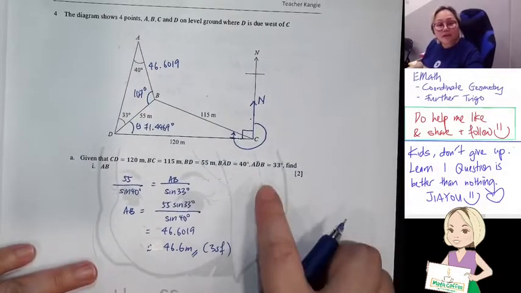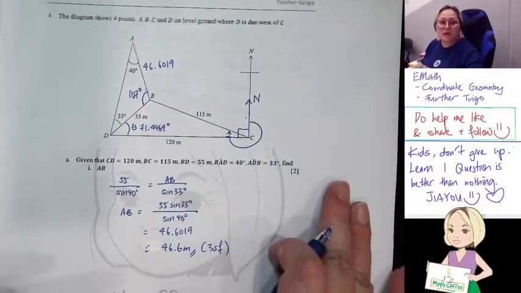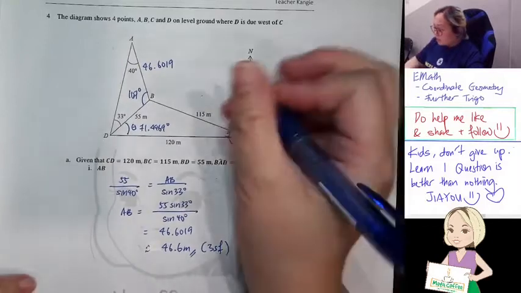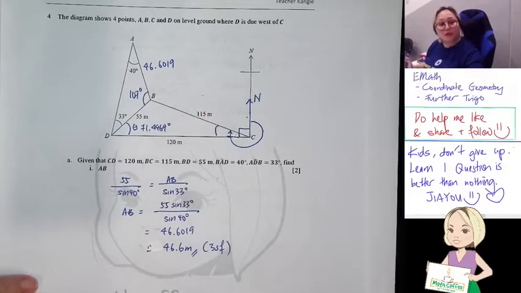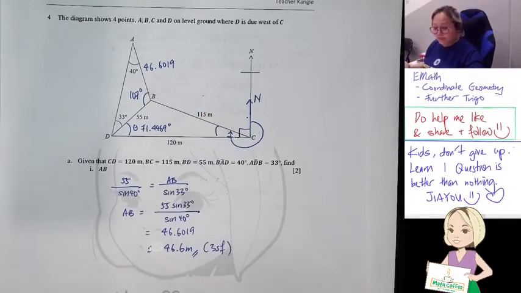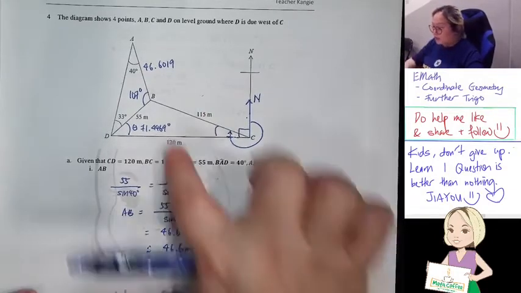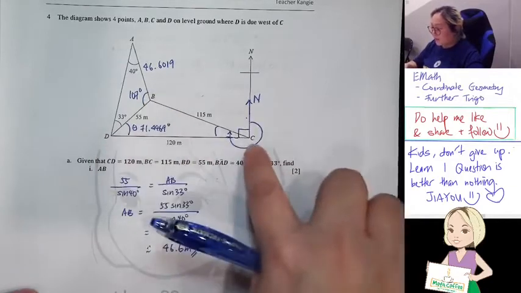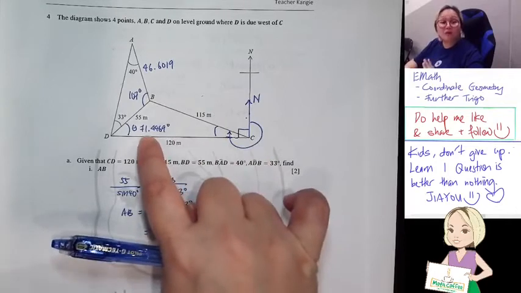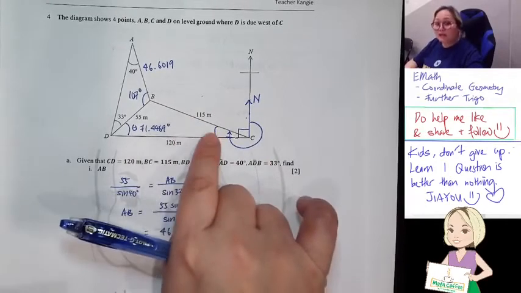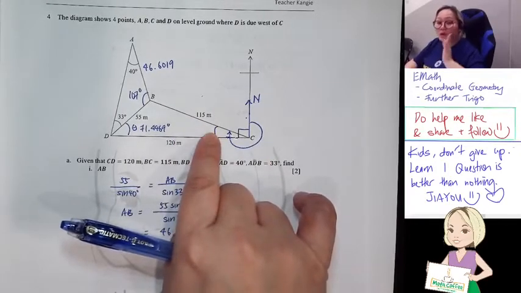Okay, so how am I going to find this? Again, let's see. So I'm going to find this angle over here first. Can I find this angle? Actually, can. Why? Because look at the triangle BDC. You have 115, you have 55, you have 120, and already just found one angle. So to find another angle easily, you can just use the sine rule.